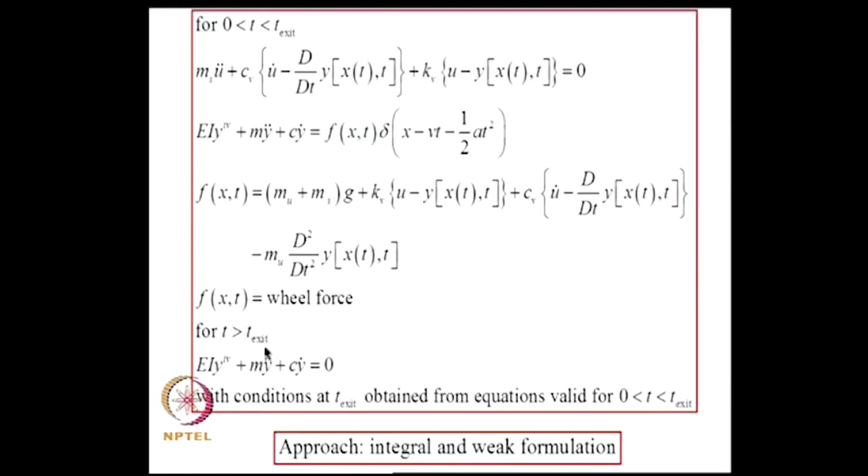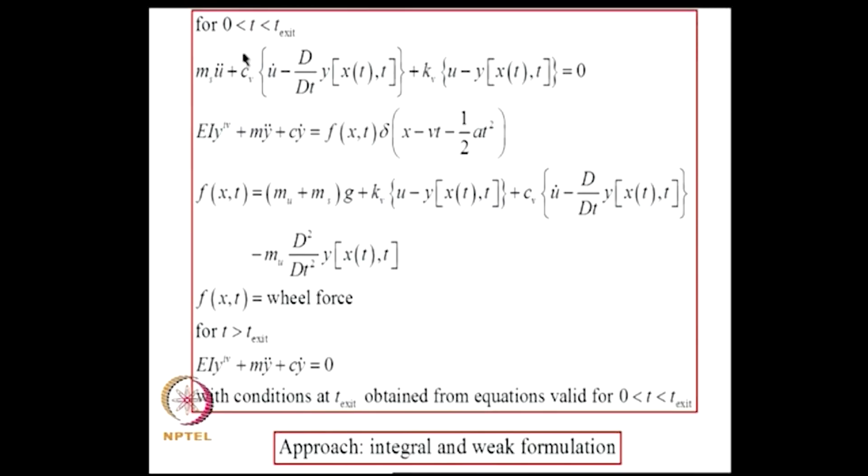As the vehicle exits, the bridge undergoes small oscillations, and since our interest is primarily on the bridge, we will not write the corresponding equation for the vehicle. At t exit, if you wish to model how the free vibration decay takes place after the vehicle leaves the bridge, this is valid from t exit, and the state of the bridge at t exit should be computed by analyzing this problem.